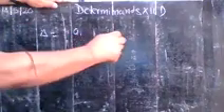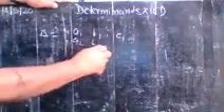That is, suppose you have any determinant delta, generalize it. Suppose you have a determinant like that: A1 B1 C1, A2 B2 C2, A3 B3 C3. Suppose you have a determinant of order 3 whose value is delta.